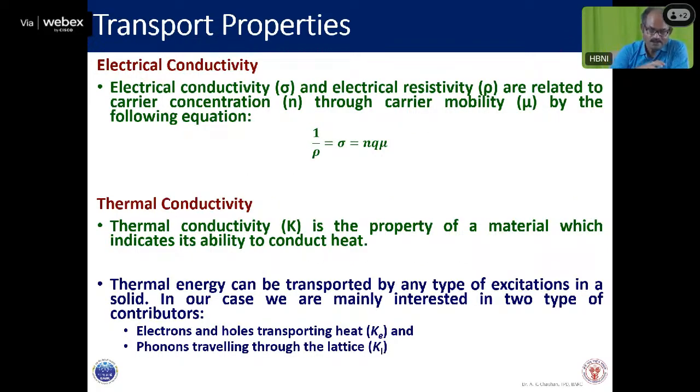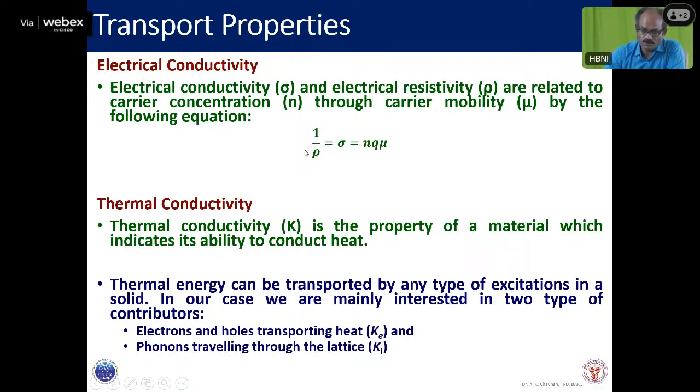Now let us understand these two conductivities, which are electrical and thermal conductivity. The electrical conductivity we all know from our basic physics: electrical conductivity and electrical resistivity are related to the carrier concentration and the mobility.